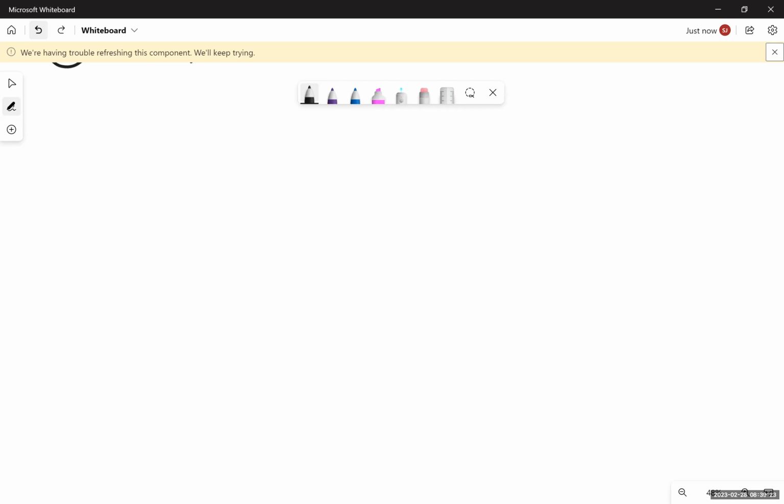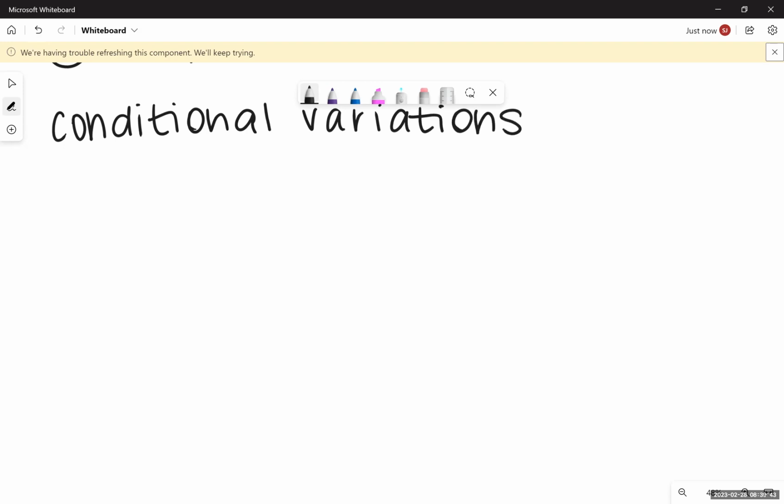There's going to be a lot of words here that I say that might not make sense, but I'm hoping that after a while they will. So let's get started. We're going to call them conditional variations, because we're talking about our conditional statement and its variations that you could see. You will be asked to read a sentence and write all of the different variations. So you need to know how to change them.